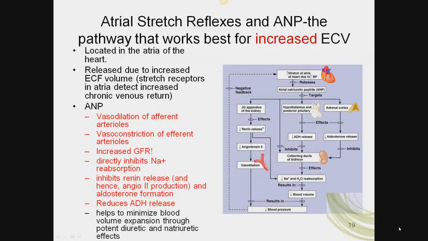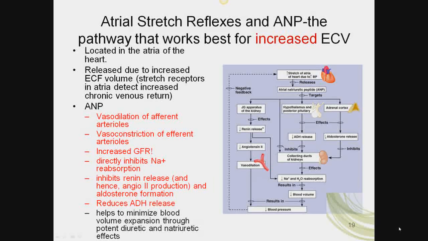The only mechanism that doesn't work in concert with those other three is the atrial natriuretic peptide, or ANP. Now, this hormone is released when your blood volume and pressure is too high. And it's stimulated for release when venous return is too high chronically.